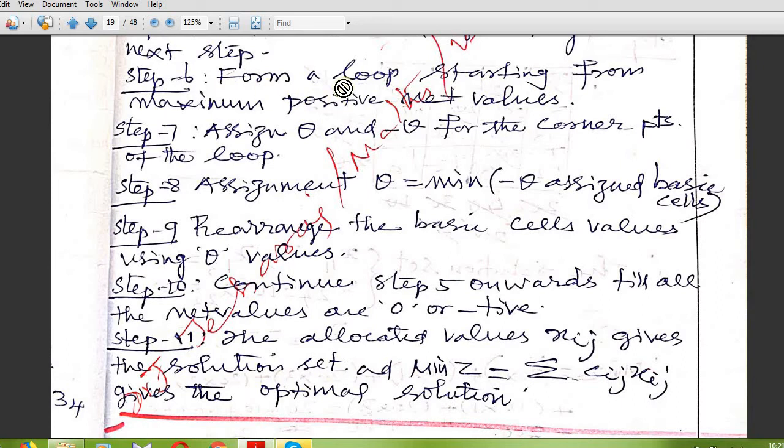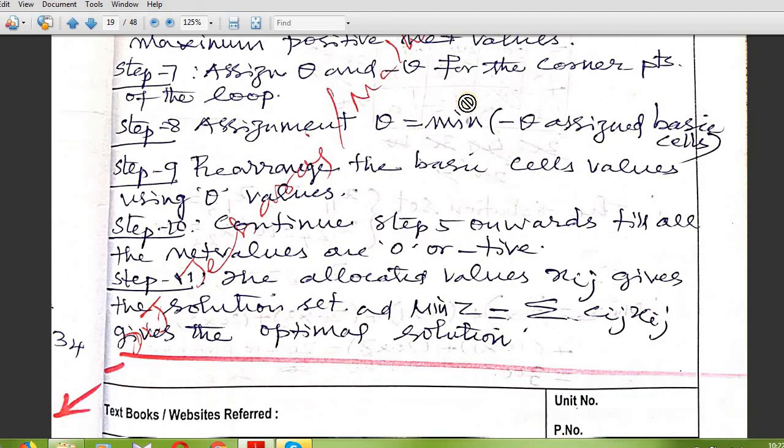To draw a loop, a lot of conditions are there. We have to draw straight lines only. We should not cross the cells. Where it starts we have to end. It has to go only anti-clockwise or clockwise. To draw the loop we have a lot of rules and regulations.